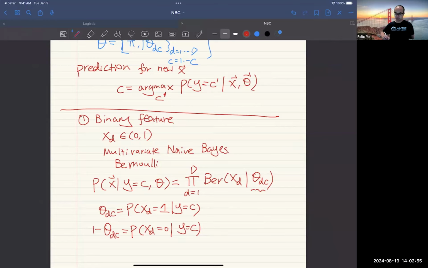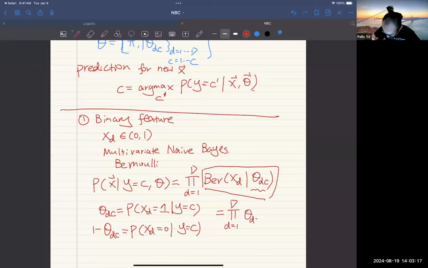Okay, so you can think about this Bernoulli distribution as being written in the following expression: we multiply theta dc to the power of xd, then multiply 1 minus theta dc to the power of 1 minus xd.